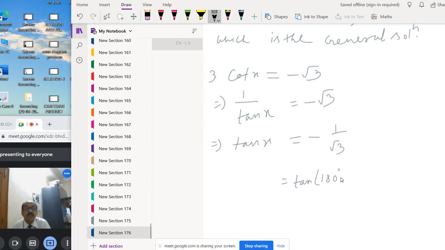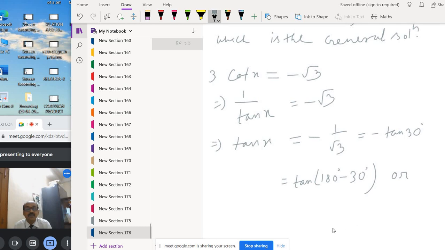Tan 30 is 1 by root 3 and tan 60 is root 3. So 180 minus 30; in the second quadrant tan is negative, so minus tan 30. We can write tan 180 minus 30, and minus tan 30 are the same.